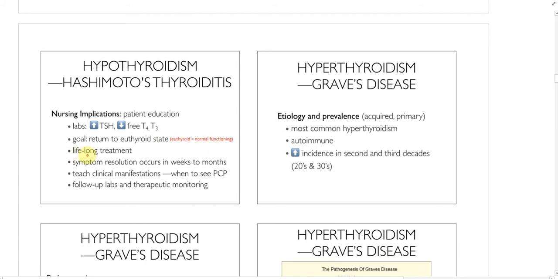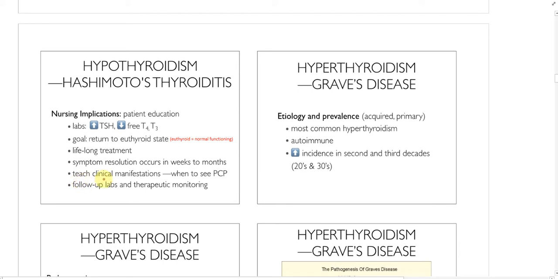They will have to be on lifelong treatment since their thyroid clearly isn't working any longer. And we hope to have their symptoms of hypothyroidism resolve within weeks to months, which is a long time to go without responding super well to treatment, but it takes a while to recover from hypothyroidism.